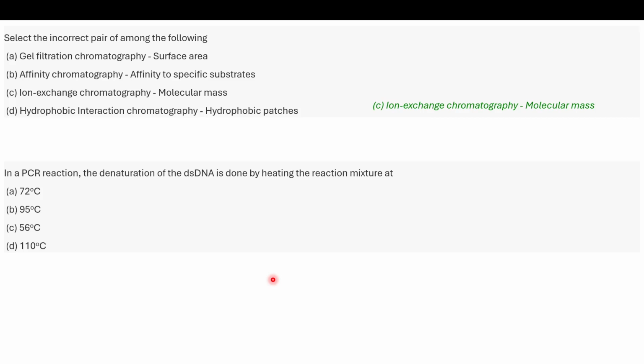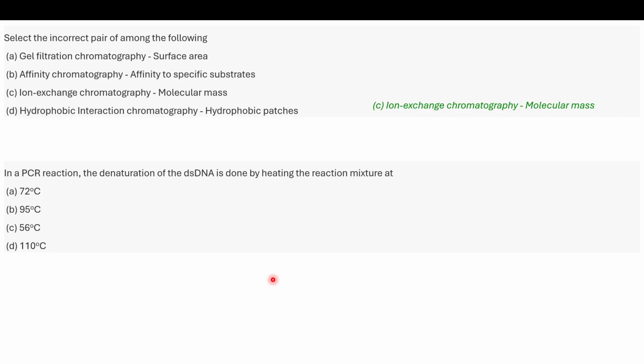Usually it's 95 degrees Celsius because 110 degrees Celsius might be too improper for the molecules to really bear that high amount of heat. But then 95 is also high. But in general, for denaturation, 95 is good enough to really separate the two strands. And then you can play around basically with the annealing temperatures and then extension timing and all those things.